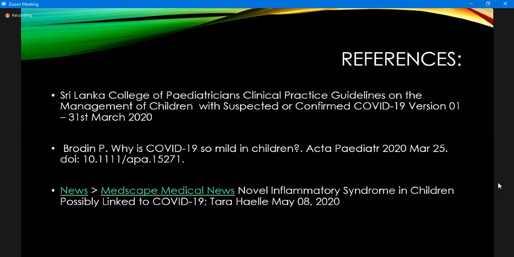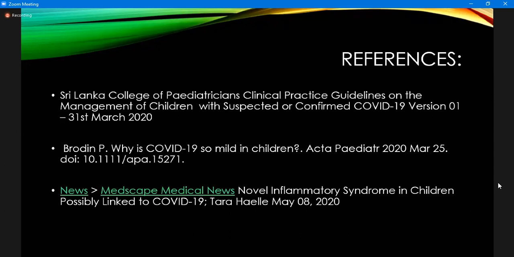There are lots of articles and guidelines about COVID-19 in children, but I thought this would be the most appropriate and needed article for the management of children in Sri Lanka, published by the Sri Lanka College of Pediatricians. It's called the Clinical Practice Guidelines on the Management of Children with Suspected or Confirmed COVID-19, which was issued on 31st of March 2020.